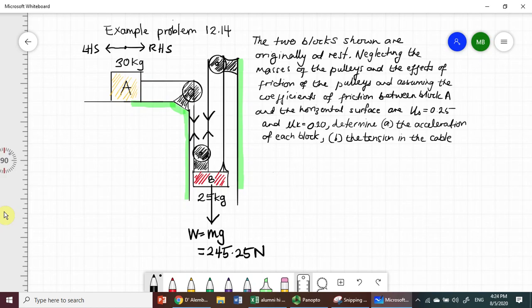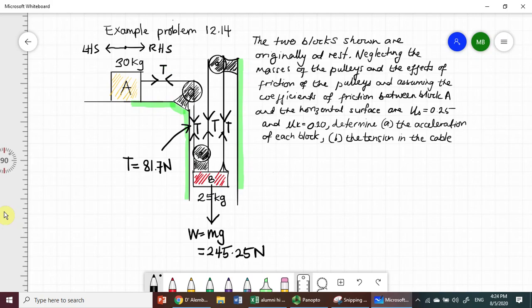Each cable will carry a third of the weight of block B, so 245.25 newtons divided by 3 equals 81.7 newtons.